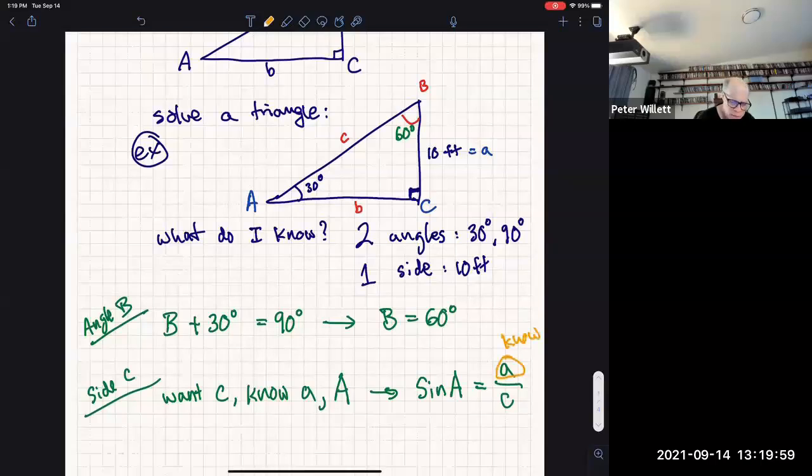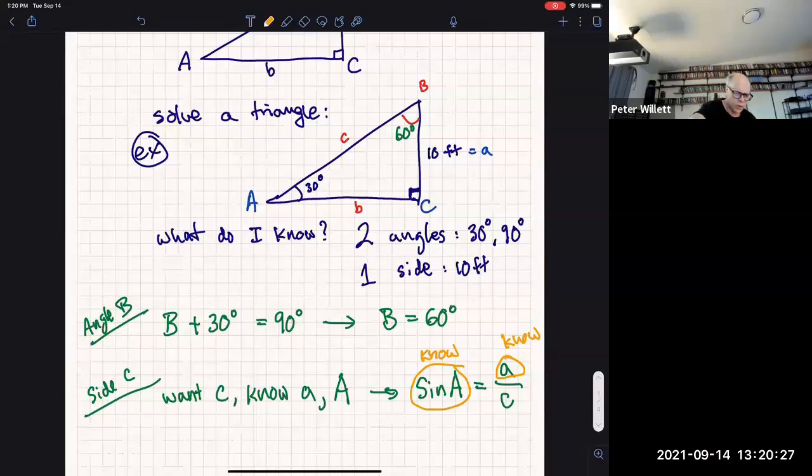And sine of an angle, where we know the angle, we also know, because we can just punch that into a calculator or remember what sine of 30 degrees is. So when you have an equation where three things are related to each other and you know two of those three things, you can solve for the one that you don't know. And that way we can solve for side C in this triangle.